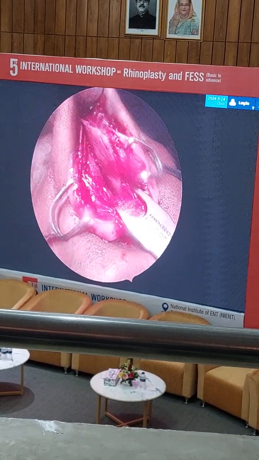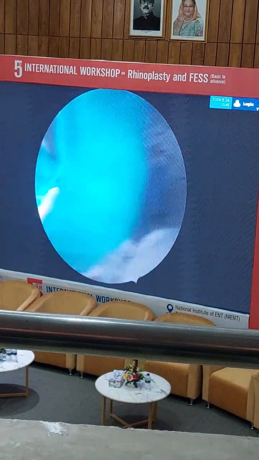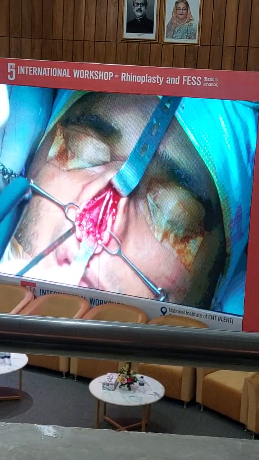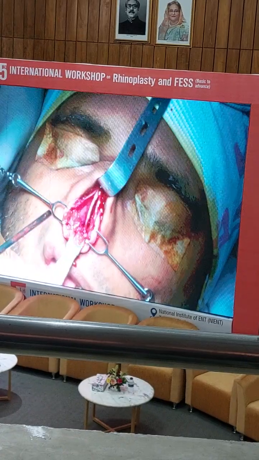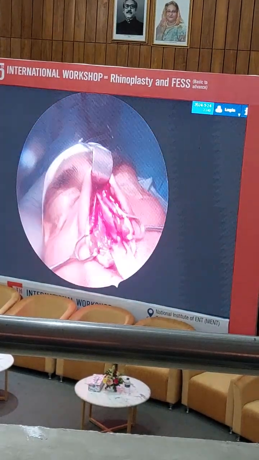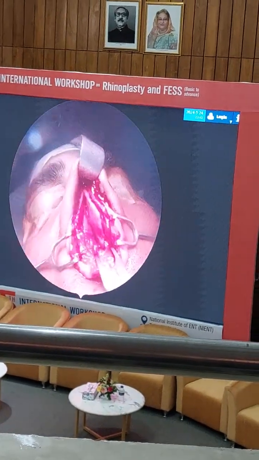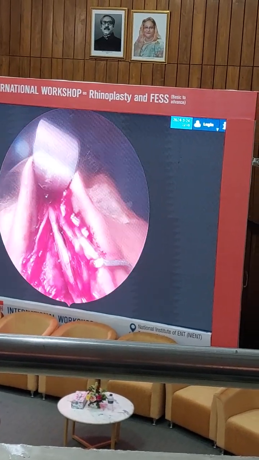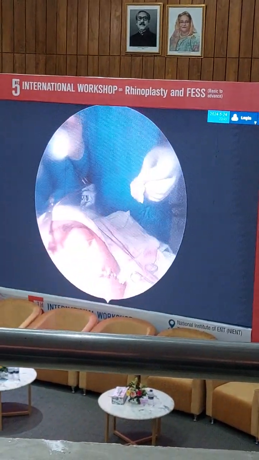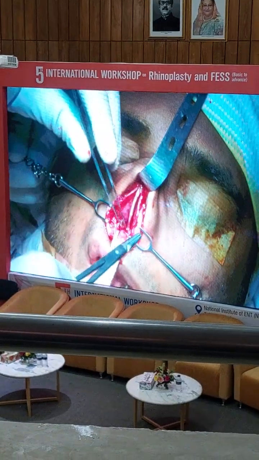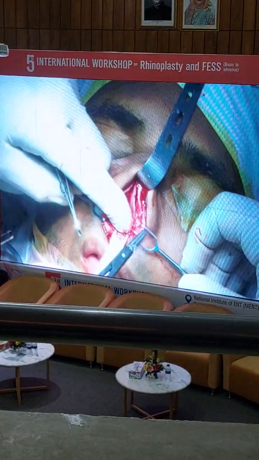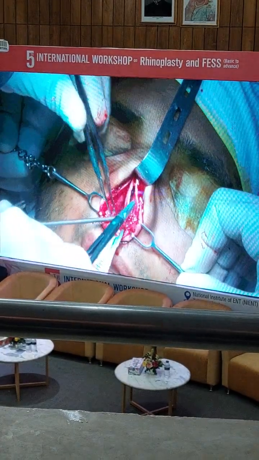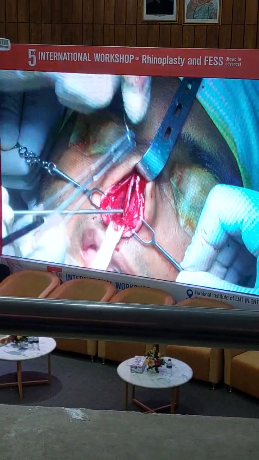So I use this 4 PDS suture. Black one, give me the black. So how do you fix it like this? This is the 4 PDS. Then first you identify your septum and then you hold.